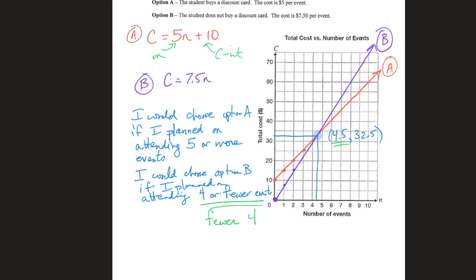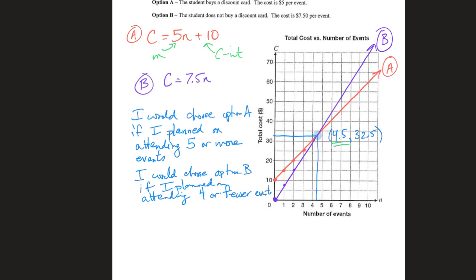Because if I was less than 4, then that means I can't include 4. And according to my graph, at 4 events, my purple is just below my red. So we have to watch our wording a little bit and make sure that we are very careful with where we use comparison terms.